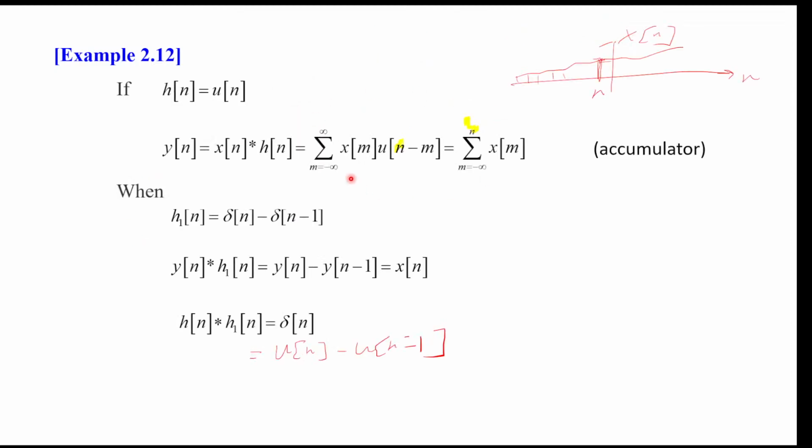And then we have a less trivial example here. We have the accumulator, and it is also invertible. So h of n, the impulse response, is u of n.